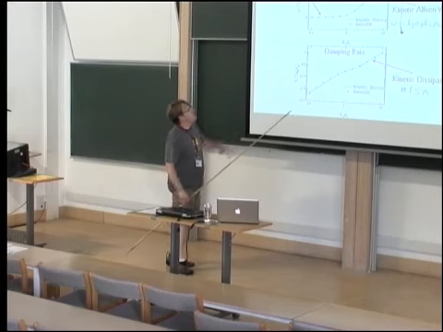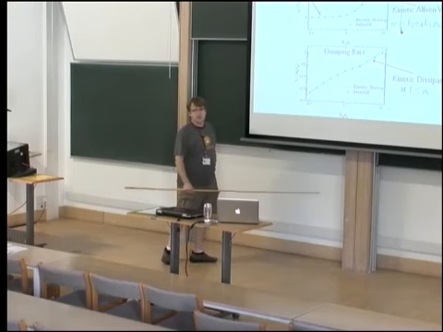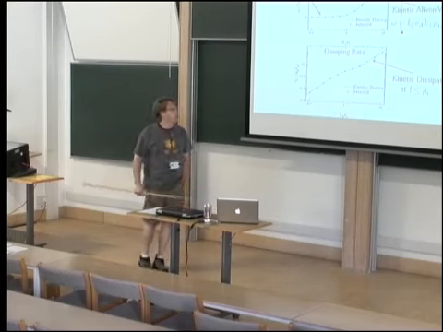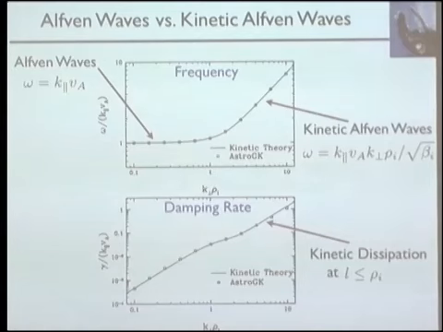But the key is, now we have something new. We have actual damping of the waves, and we have this frequency change. And so the theory that is going to predict the observations that Stuart showed this morning is going to have to assume that we roughly understand what happens when the frequency changes as a function of wave number, to a Goldreich-Sridhar type argument, and when the damping becomes of order of the linear frequency.